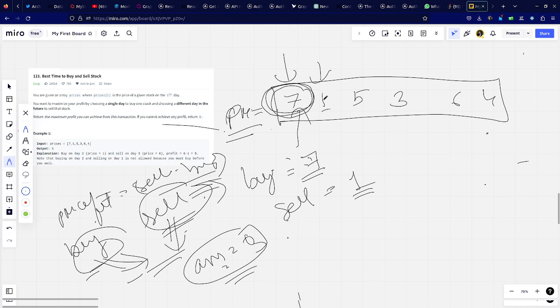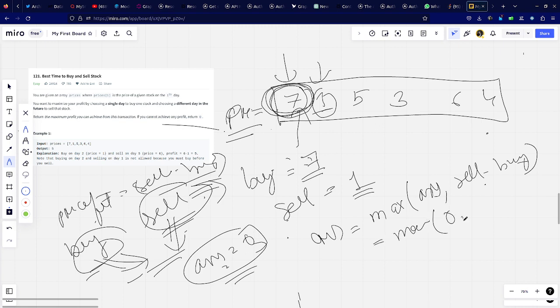Now coming to this, we have to take the max for the answer, because we have to find the maximum profit, right? Sell minus buy. Now if we assume that we are selling on this second index and buying on this first index, then what will be the max?